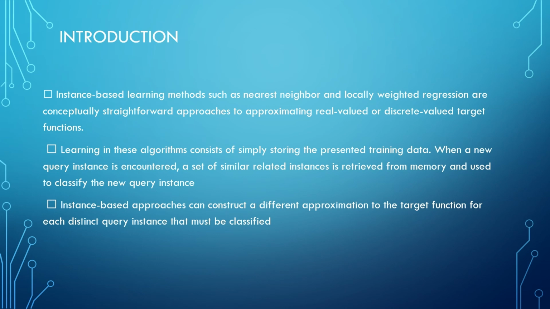Learning in these algorithms consists of simply storing the presented training data. When a new query instance is encountered, a set of similar stored instances is retrieved from memory and used to classify the new query instance. Instance-based approaches can construct a different approximation to the target function for each distinct query instance that must be classified.